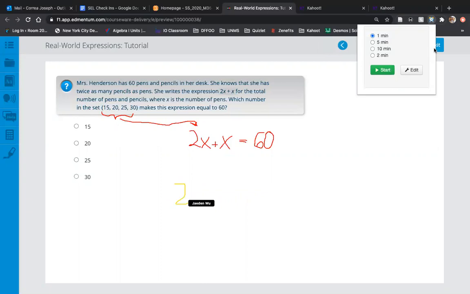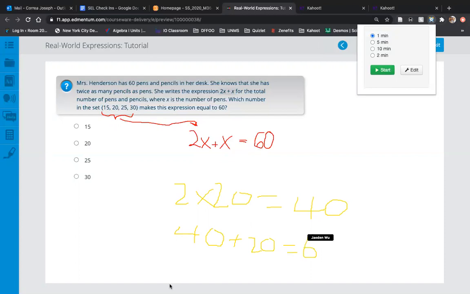So Jaden chose the X value of 20, right? So what he's saying here is 2 multiplied by 20 gives you 40. And then if you add on the other 20, you get to 60, right?